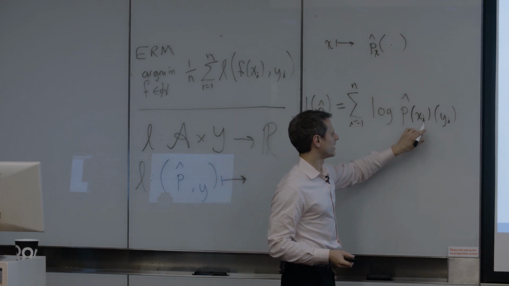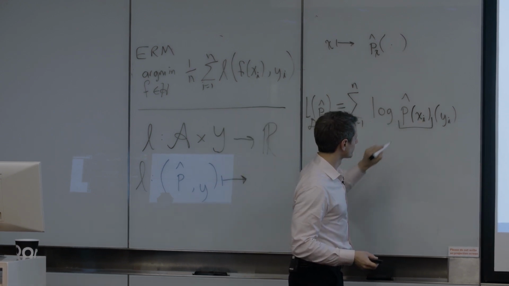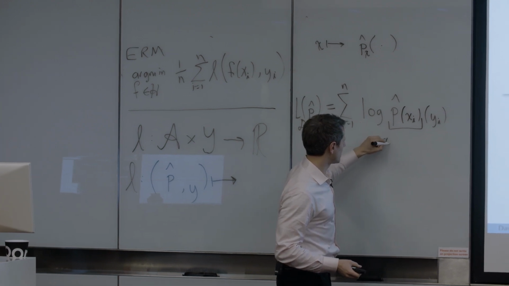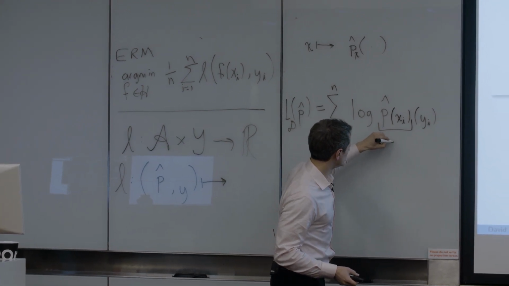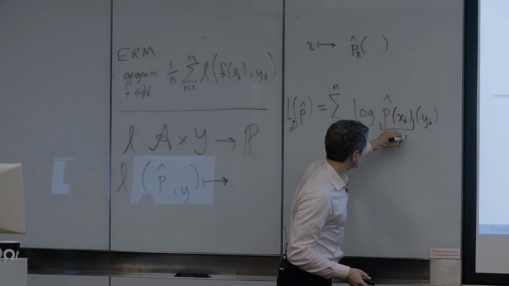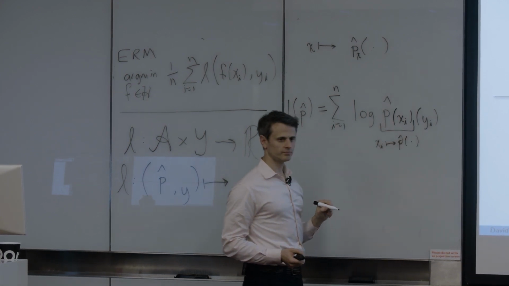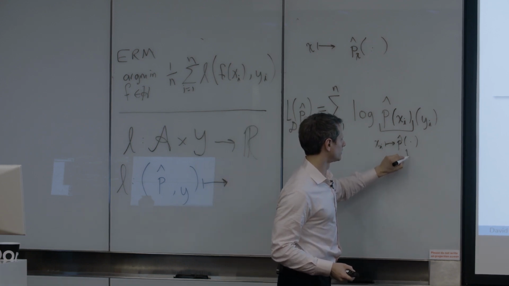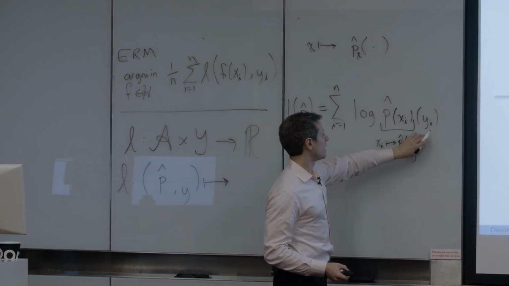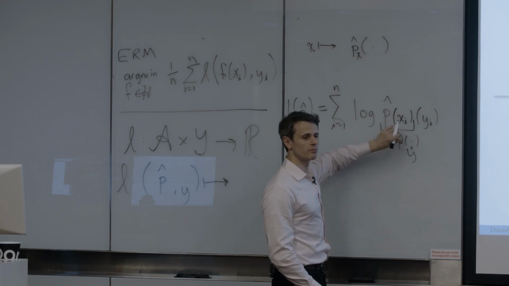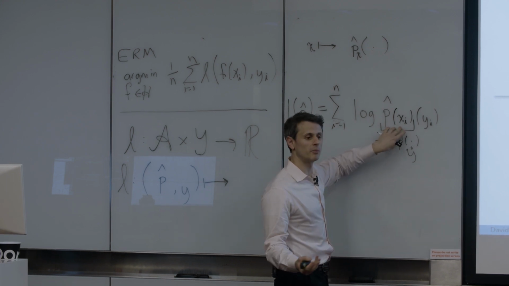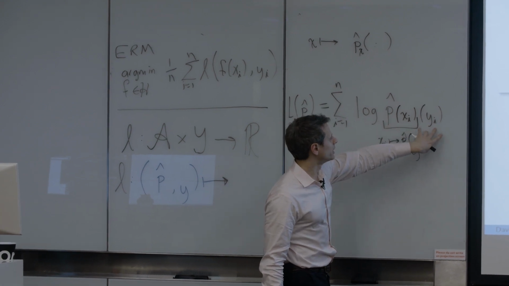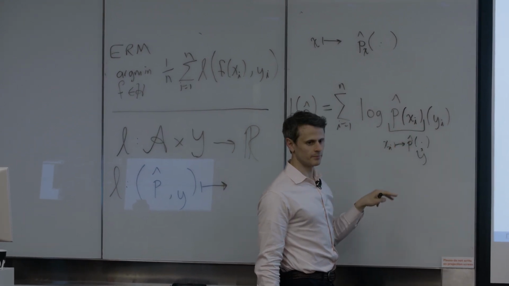So p hat of xi, this is a mapping from xi to a distribution on y. So what we're doing is p hat of xi gives us a probability, let's just say probability density function for simplicity. It could be a mass function. And we're evaluating the observation yi on that. All right?